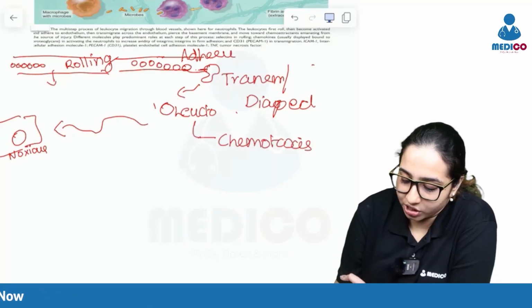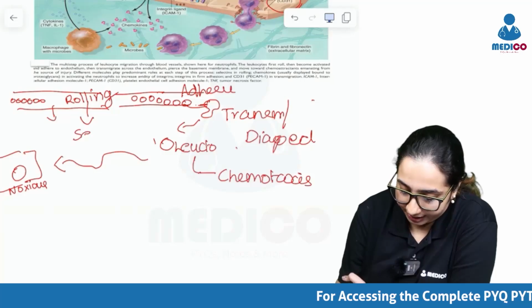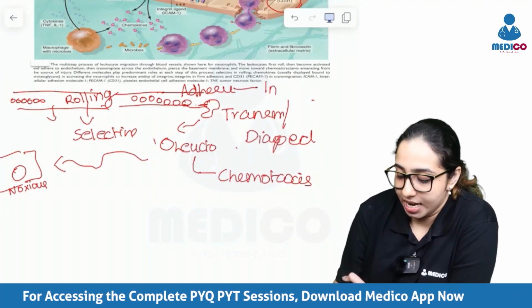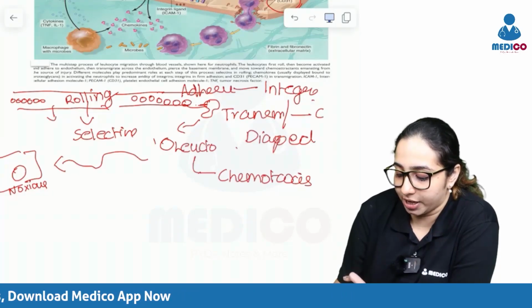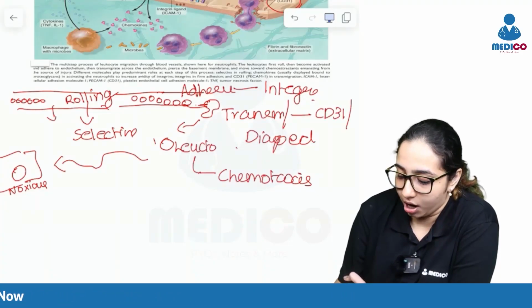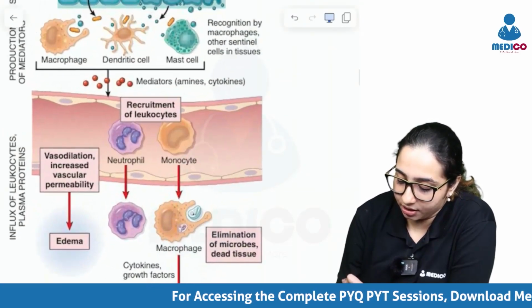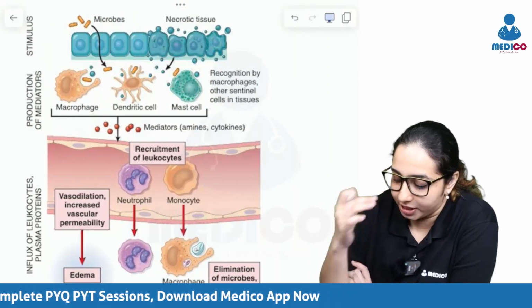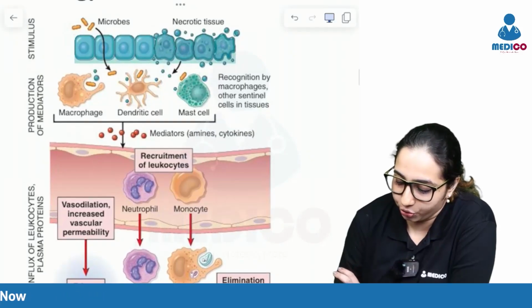Now one step extra: rolling is always by selectins. Adhesion is by integrins, and transmigration is by CD31, otherwise known as PECAM-1. Now this is another beautiful figure, again taken from Robbins, which I suggest that you pay close attention to.